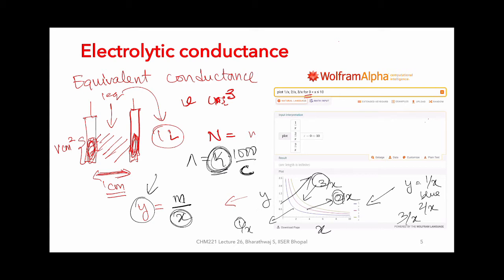And the way we would end up measuring is what has just been shown: if you're able to get a device such that the electrodes are 1 centimeter apart from one another, and if you put a certain concentration of the electrolyte between these electrodes, then the current that you end up measuring would be the specific conductance. Once you get the specific conductance, you should be able to get the equivalent conductance.